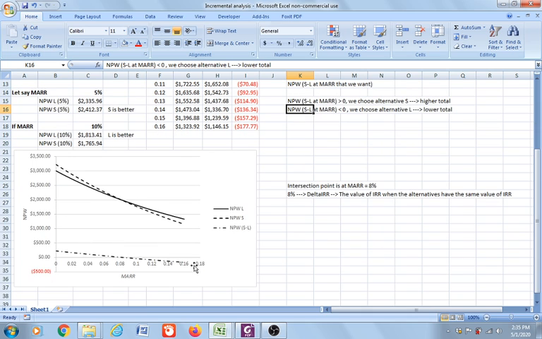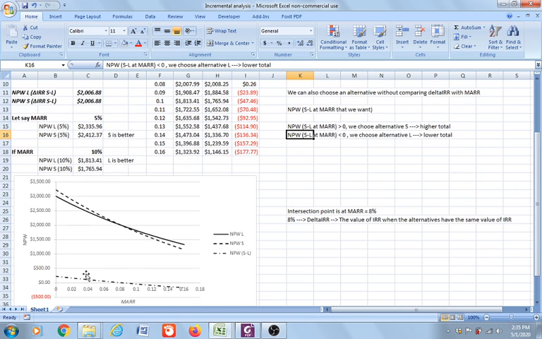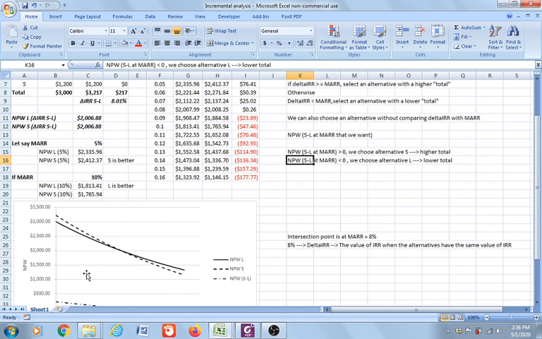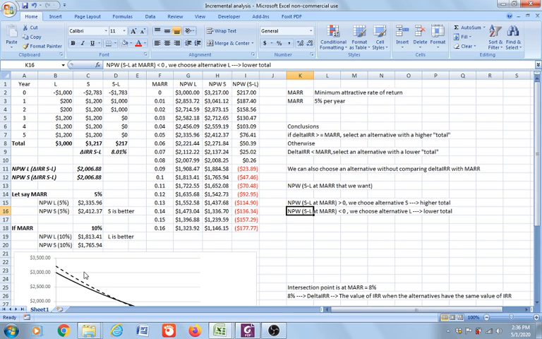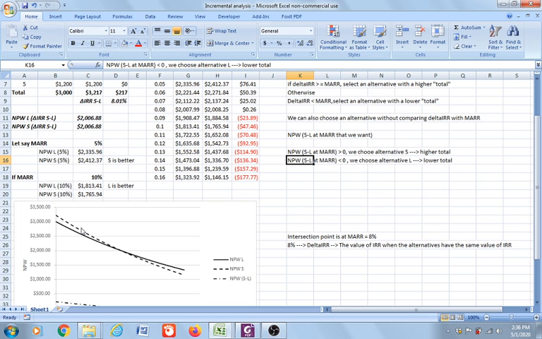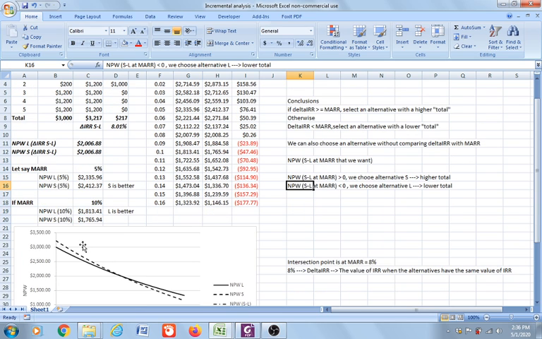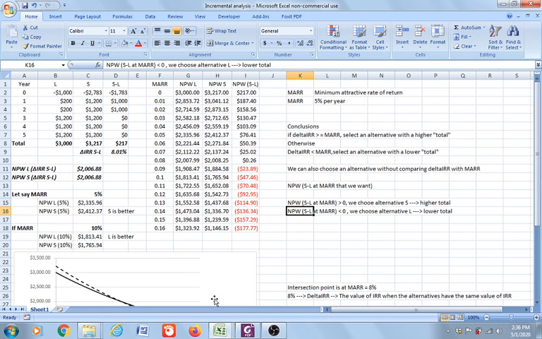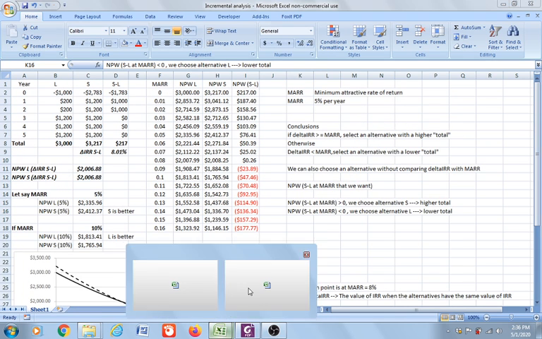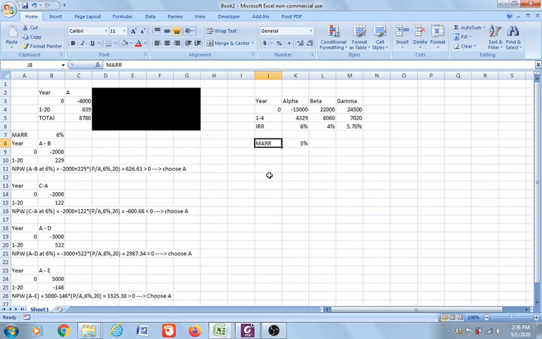But when your delta IRR is less than your MARR, then you choose the alternative that gives you the lower total. Sorry, the higher total. So in this case, because we have MARR, we cannot make a selection just based on your IRR. What we need to do is the incremental analysis.